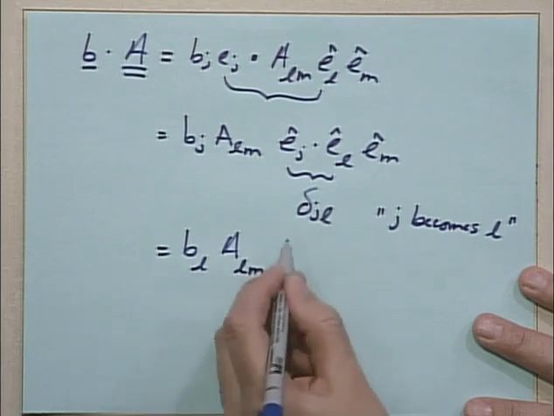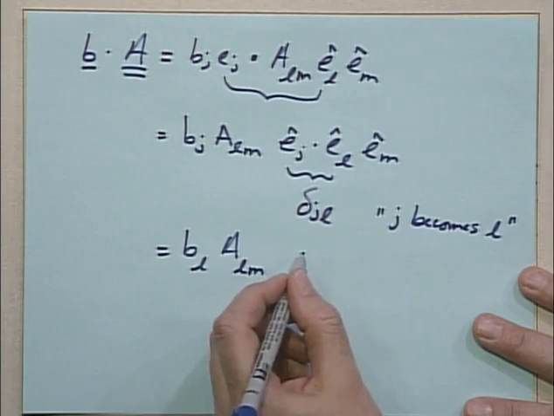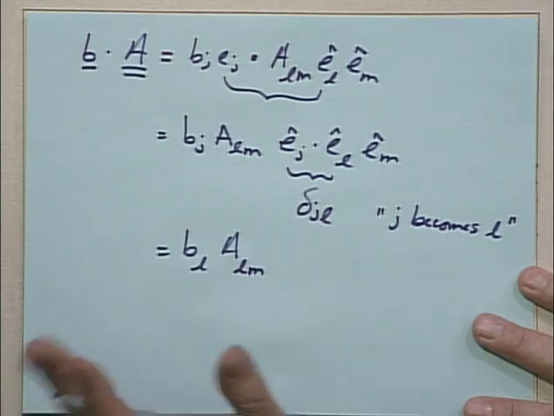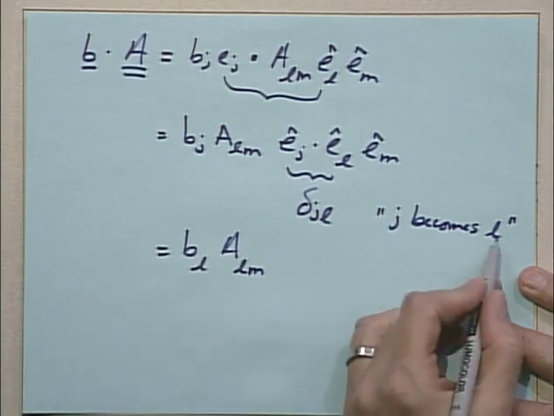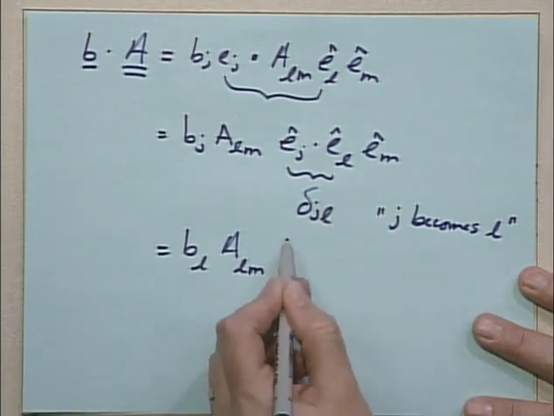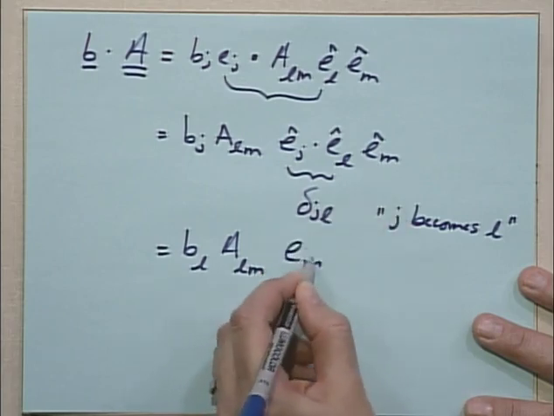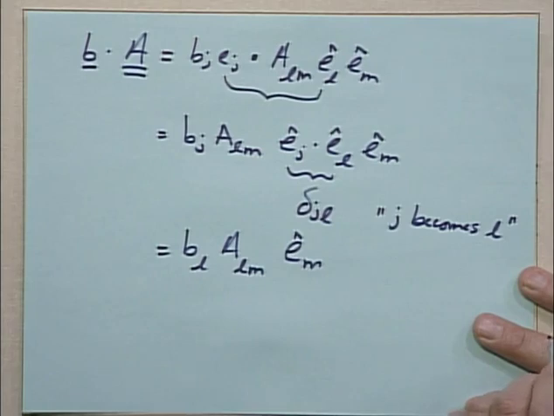This just becomes 1, because it's 1 when J is equal to L, and it's 0 otherwise. The zeros are when we're getting rid of the L. J becomes L, this just goes away, becomes a 1, which I don't usually write. And then EM stays. Is that a vector, a tensor, or a scalar?